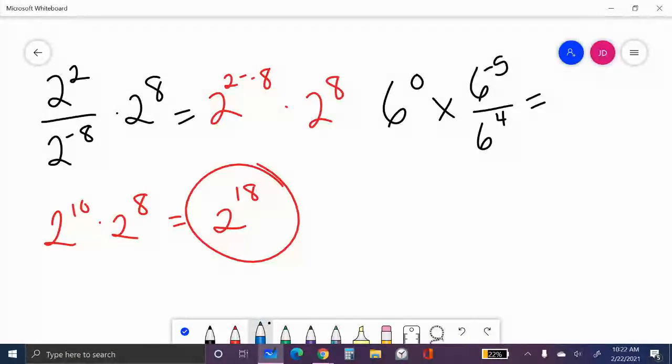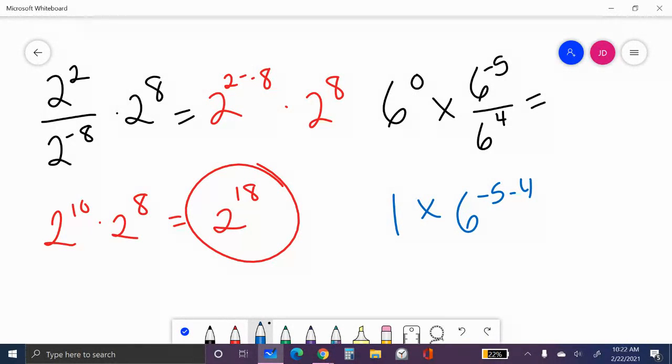Let me do this in a different color. All right, so we have 6 to the 0. Automatically, I know what 6 to the 0 is. So I know this is 1. So it's going to be 1 times whatever this is. Keep the base, subtract the exponents. 6 to the negative 5 minus 4.